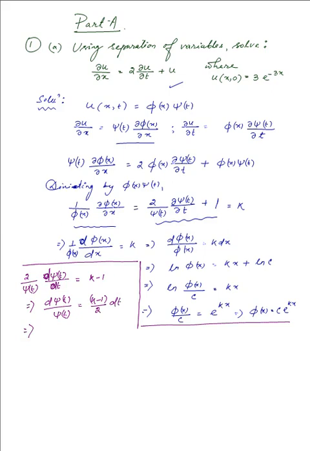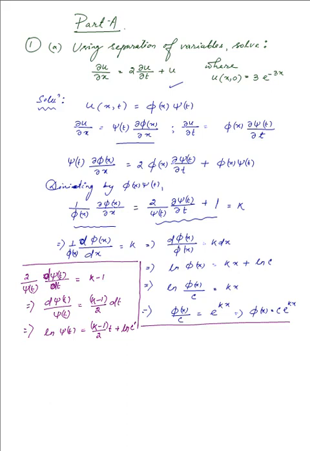So this again integrated gives us ln of psi t on the left hand side, and here we have k minus 1 over 2 multiplied to t, plus we can take another logarithmic constant, let that be ln c primed.